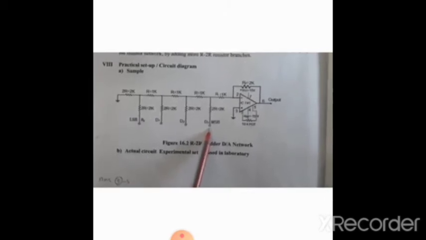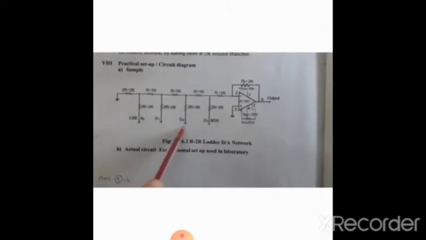Next, we connect again a 1k resistor with a 2k resistor, and here we give the second binary input. After that, we connect one more 1k resistor with a 2k resistor, and here we give the third binary input. And lastly, we connect one more 1k resistor with a 2k resistor, and here we give the LSB, the last binary input.